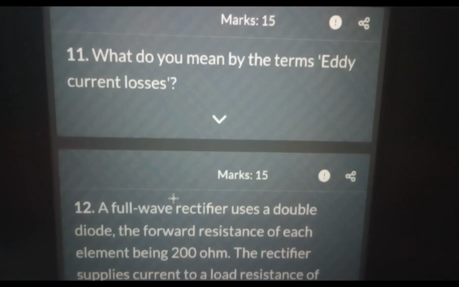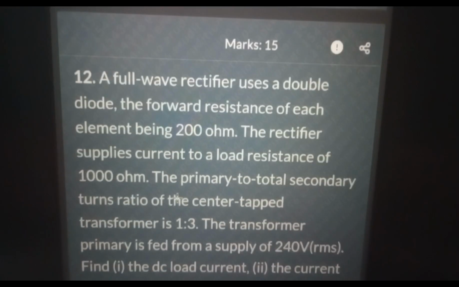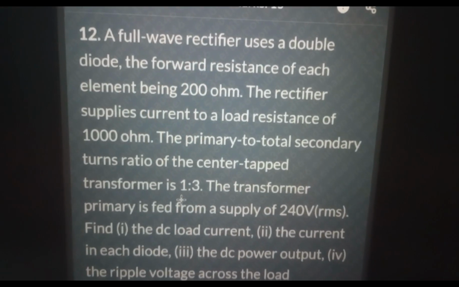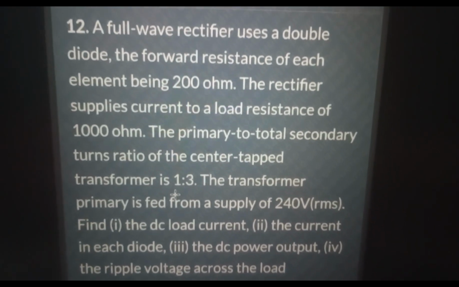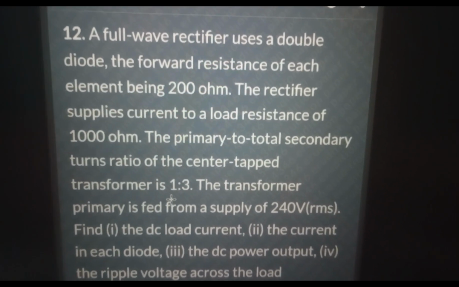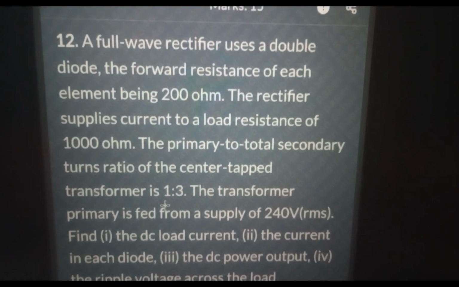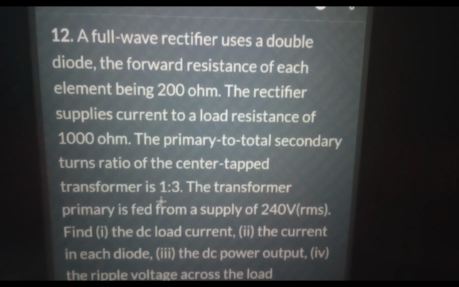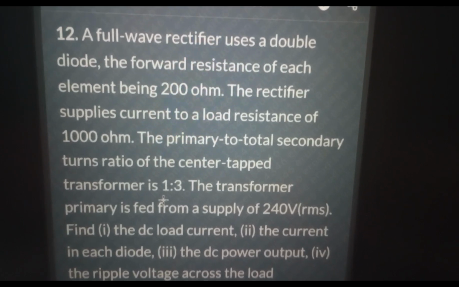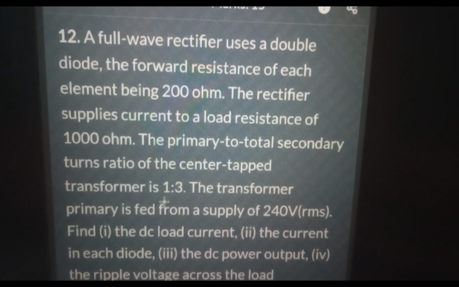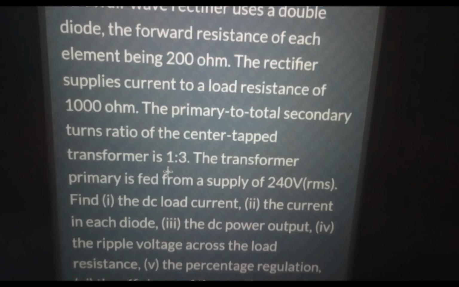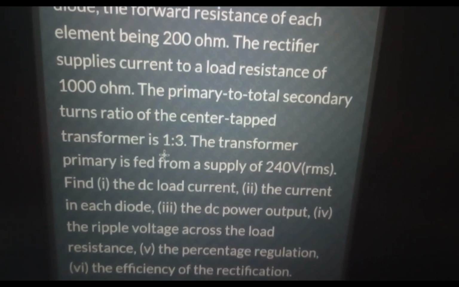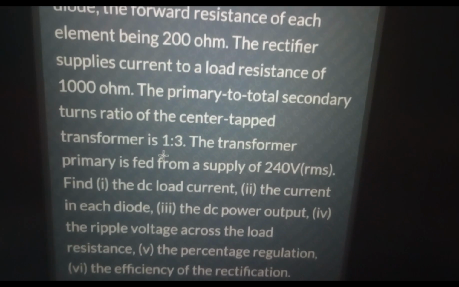Number 12. A full wave rectifier uses a double diode, the forward resistance of each element being 200 ohm. The rectifier supplies current to a load resistance of 1000 ohm. The primary to total secondary turns ratio of the center tapped transformer is 1:3.